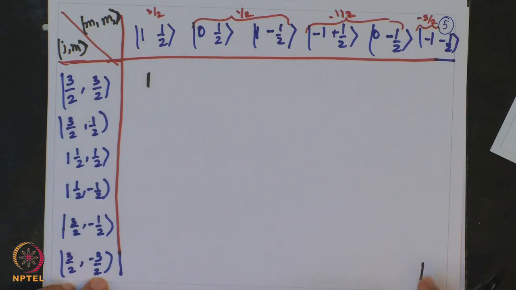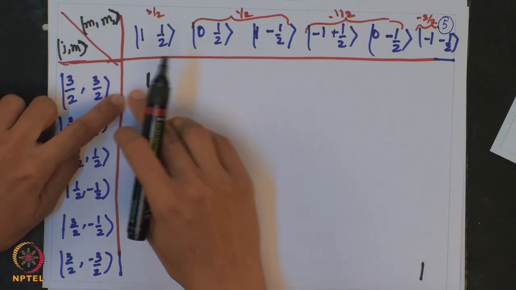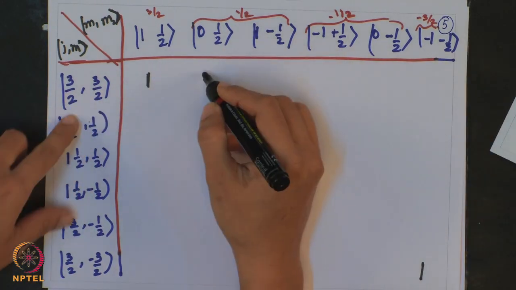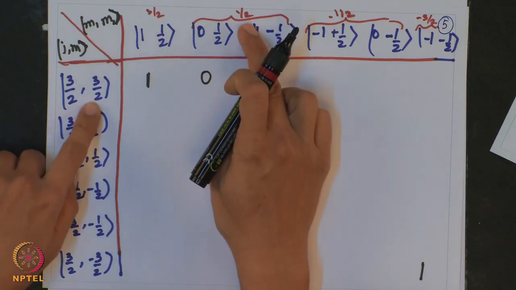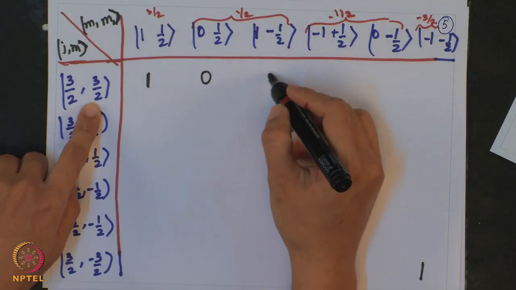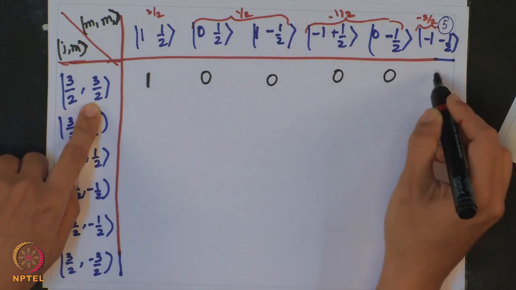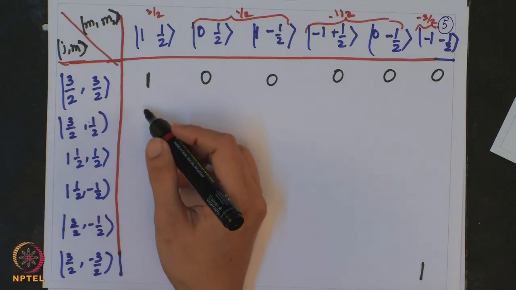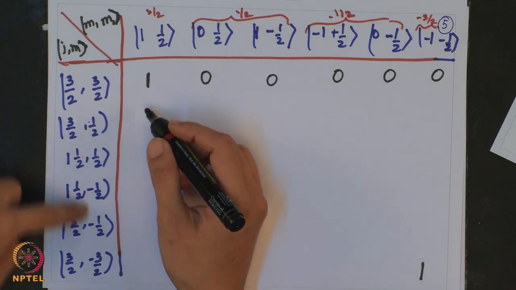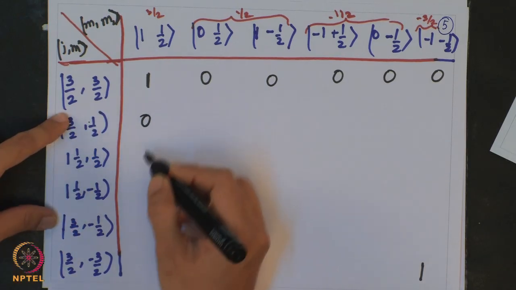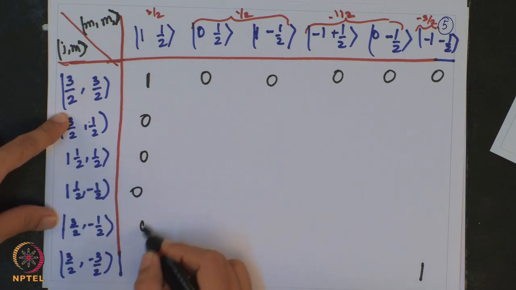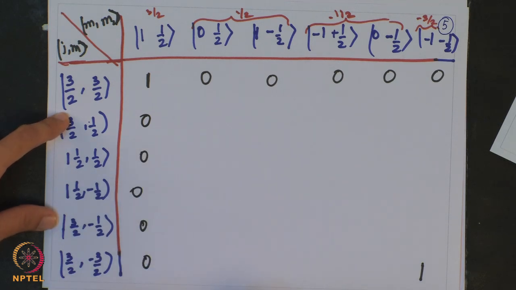So these two corners are done, and in the corresponding rows it is not possible to have this 3/2 combination anywhere, so you will have 0, 0, 0, 0. In the same way I cannot have 3/2 in these, so I will have 0, 0, 0, 0 and 0.